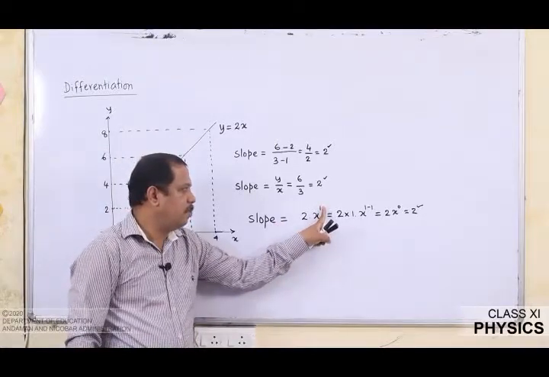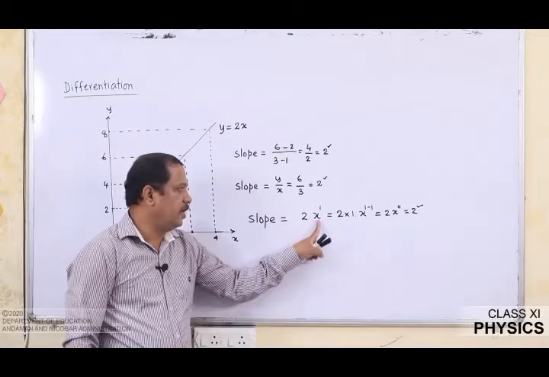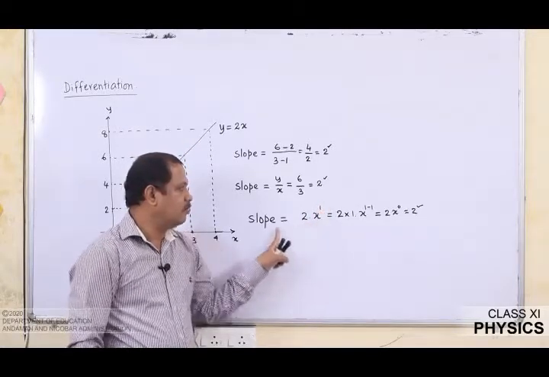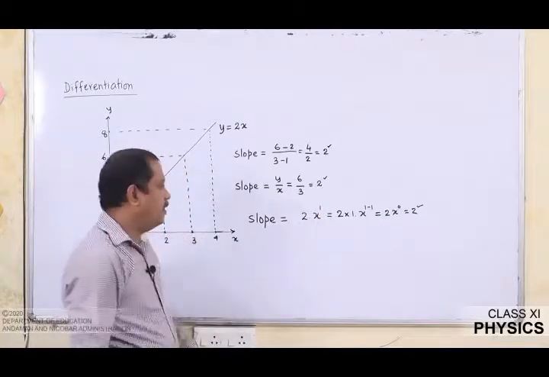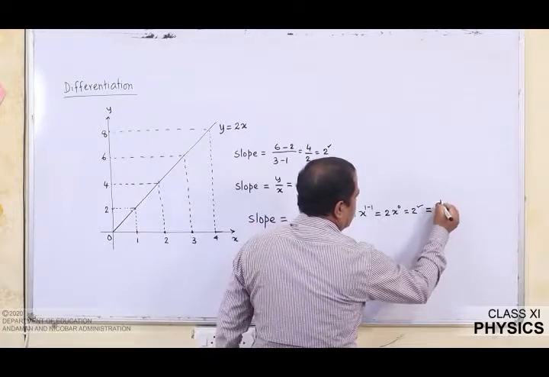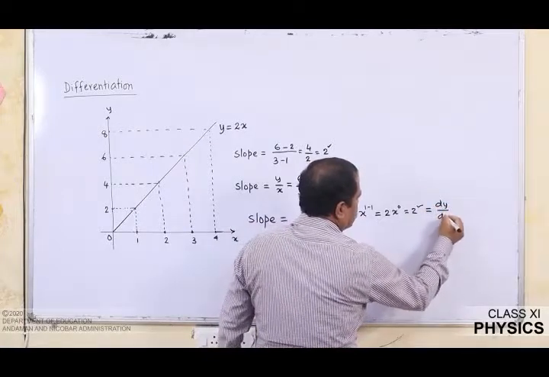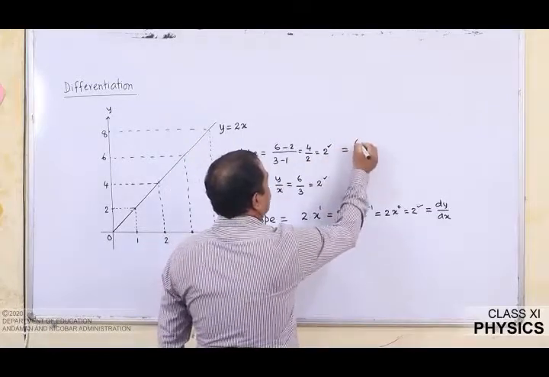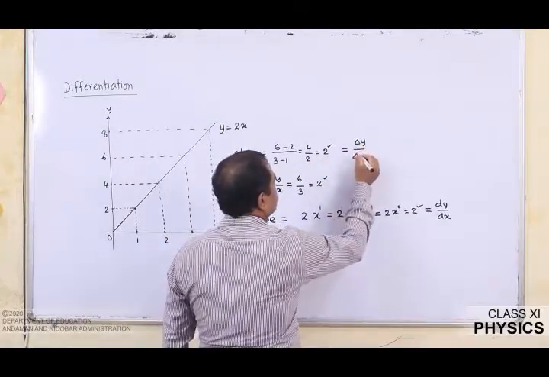By multiplying the power to the coefficient of x and subtracting 1 from the power gives me the slope, and symbolically we write this method as dy by dx, whereas we write this method using del y by del x.